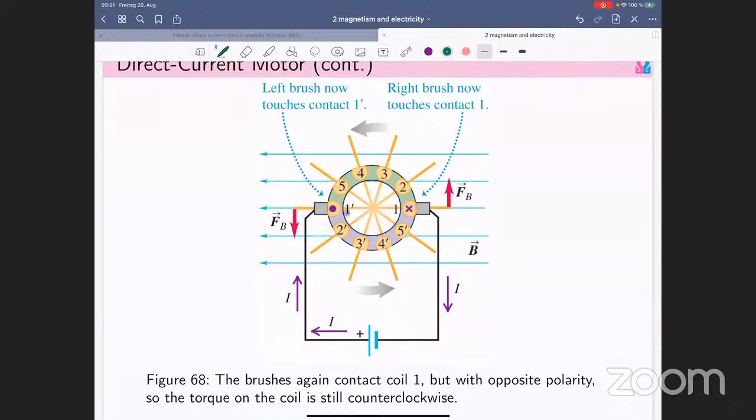It's dummy, its function is only to transfer the current to the conductor. It doesn't know what number the conductor is, it just transfers the current. So you still have the rotation in the same process as I explained before.